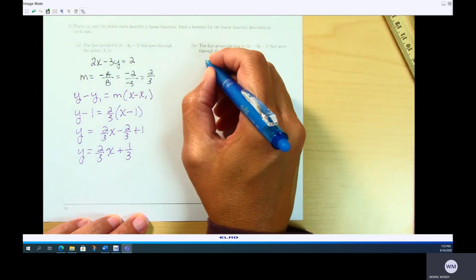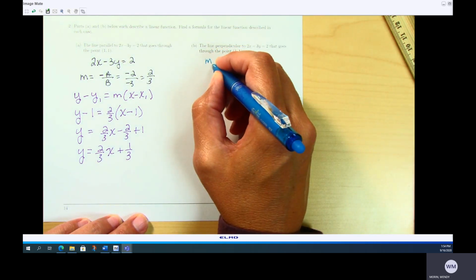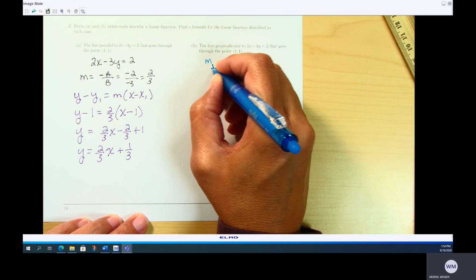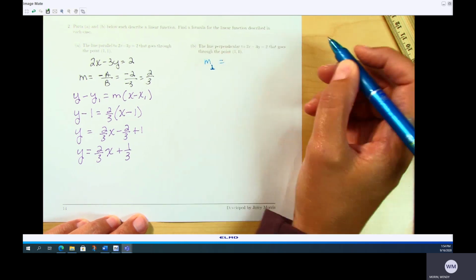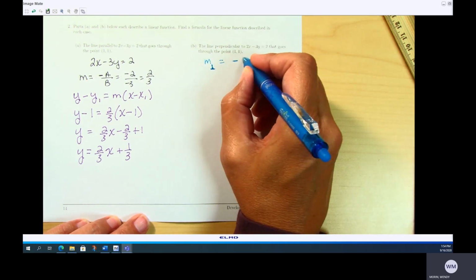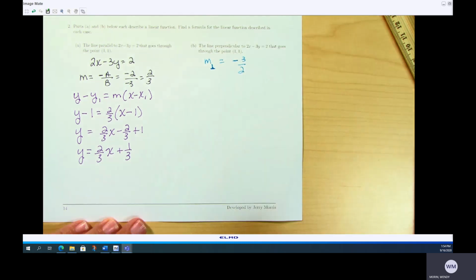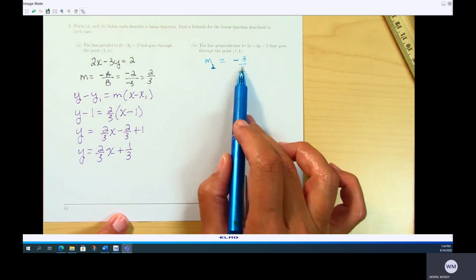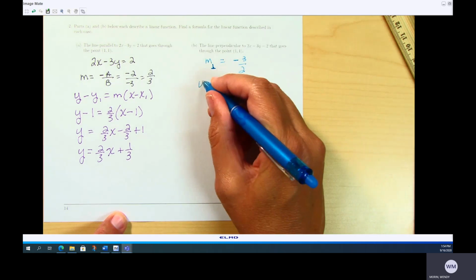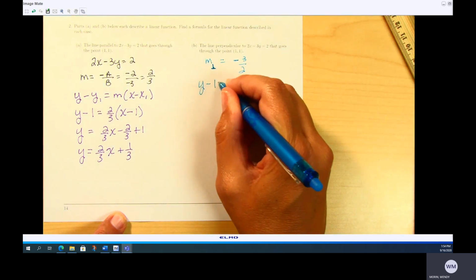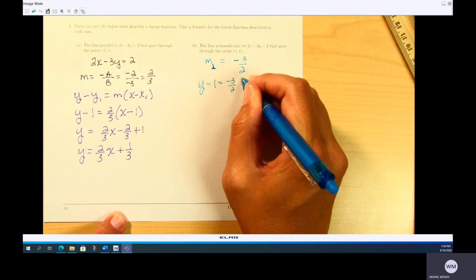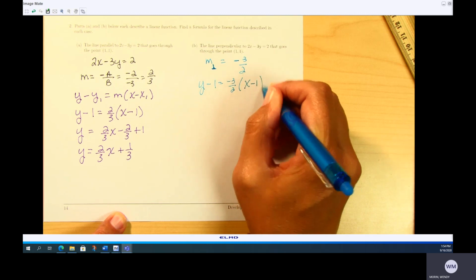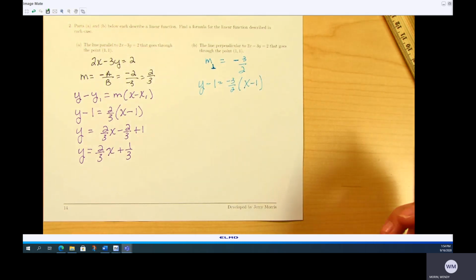But on this one, the perpendicular slope is going to be the opposite reciprocal of 2/3. And we have a point and we have a slope, so we are going to plug that into point-slope, just like we did on the last example. So there's your point-slope form of the equation.